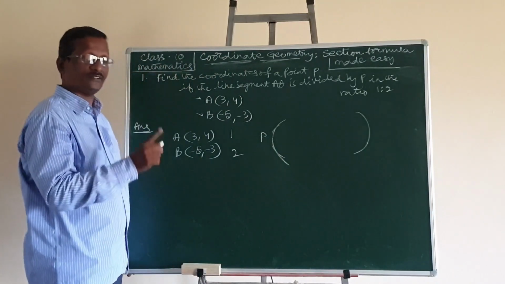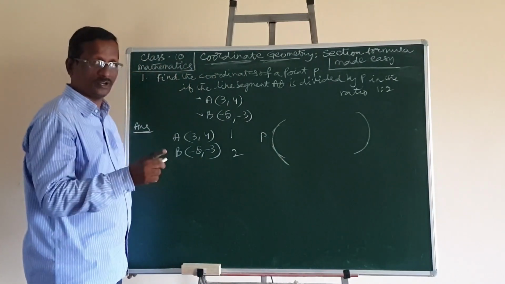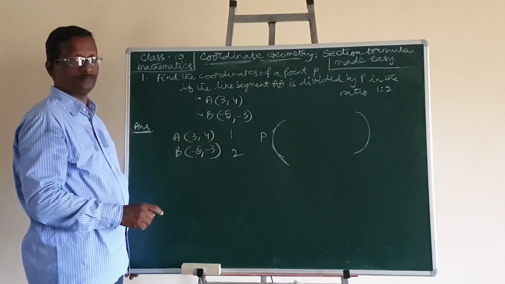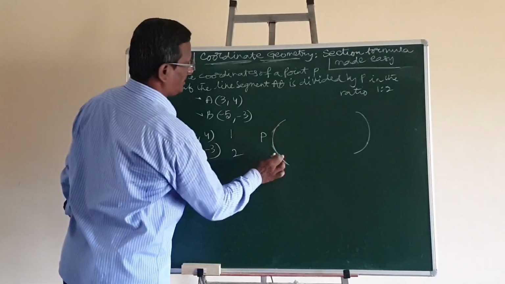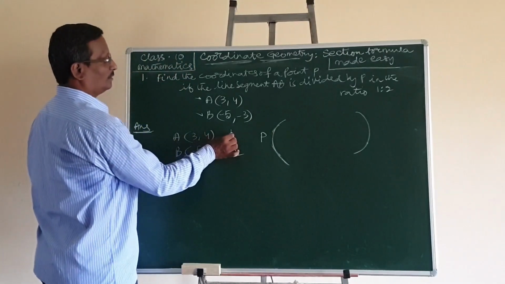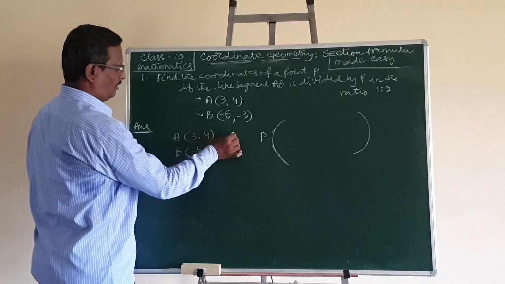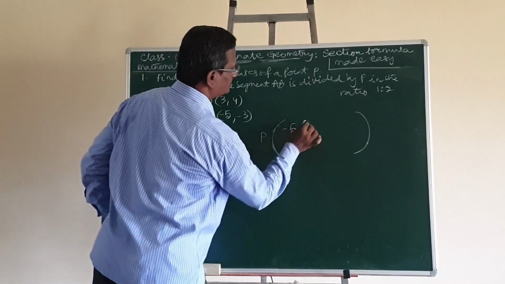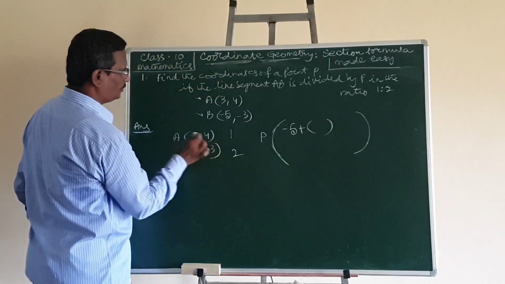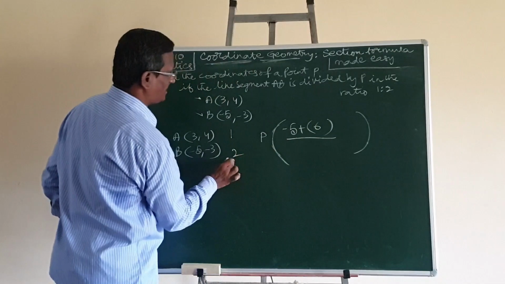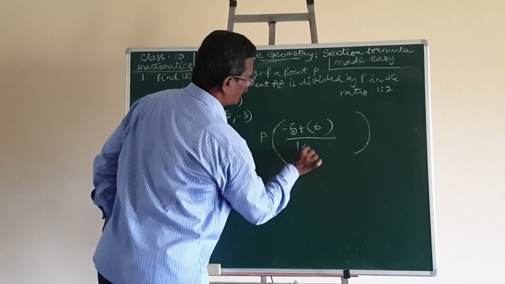Starting is always from m1. For x coordinate, do the cross multiplication with x coordinates. To get the x coordinate of point P, m1 is the first term of the ratio 1:2. 1 into -5, plus 2 into 3, 6, divided by m1 plus m2, this is 1 plus 2.